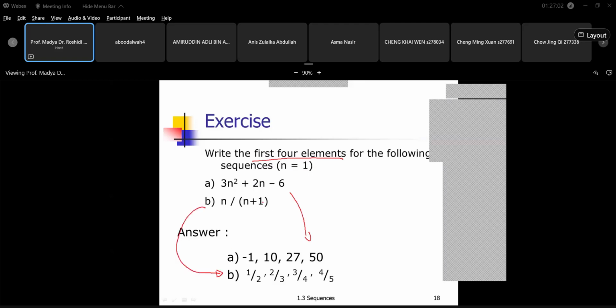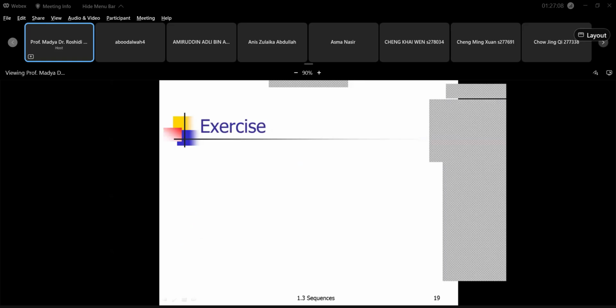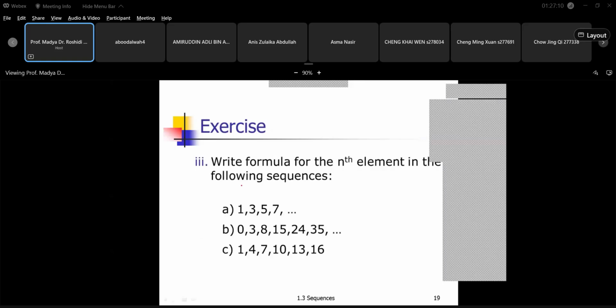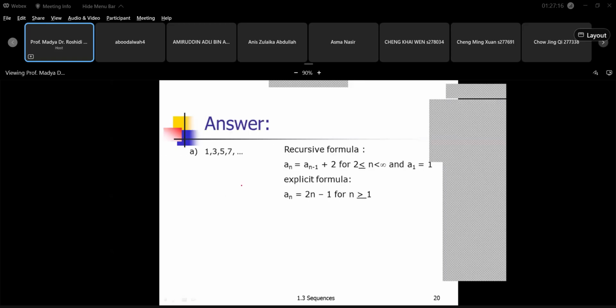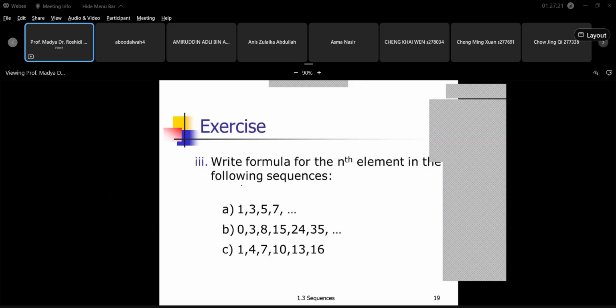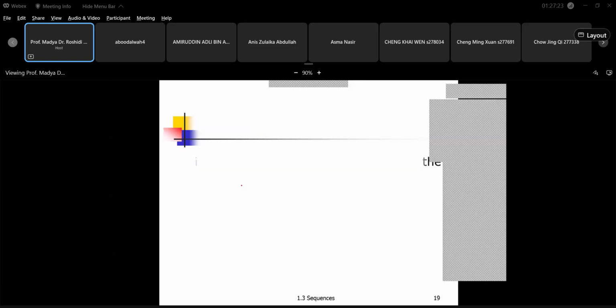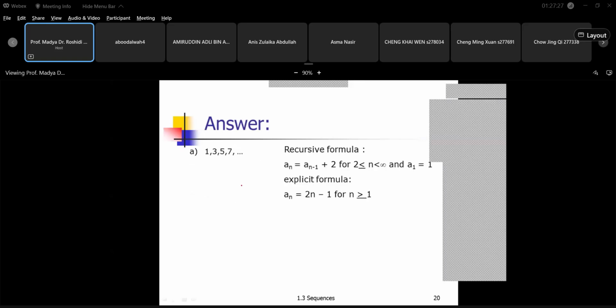Try to do the exercise. I don't want to show you; try to do it by yourself. It's also the same for this exercise. This is the answer. Try to study this exercise, do it, and compare your work with this answer.